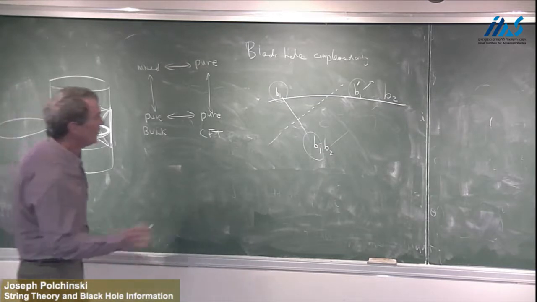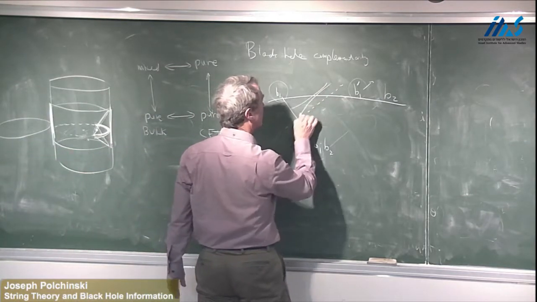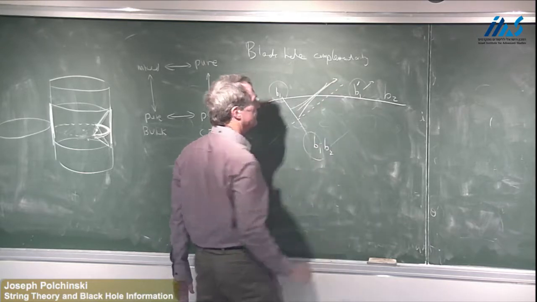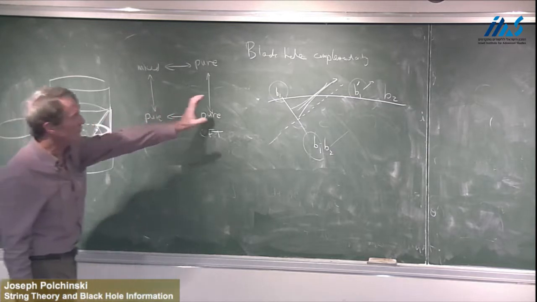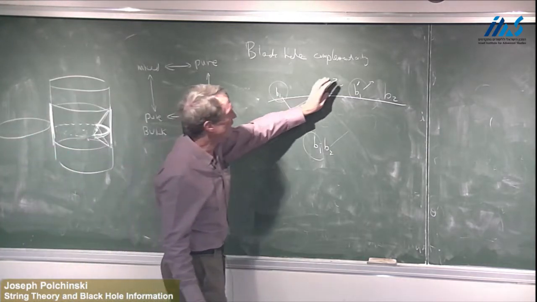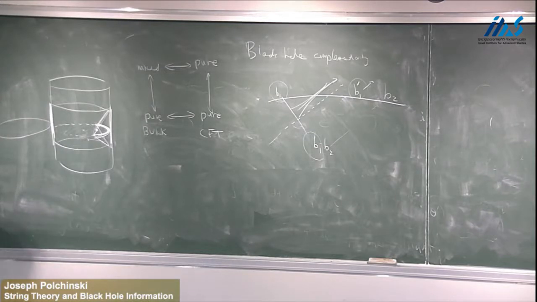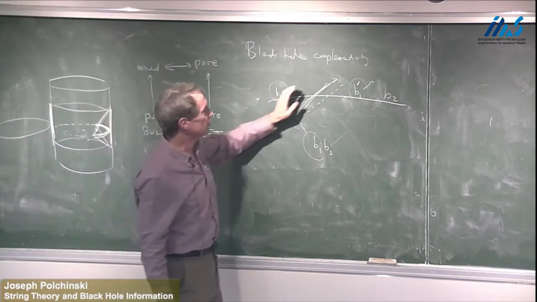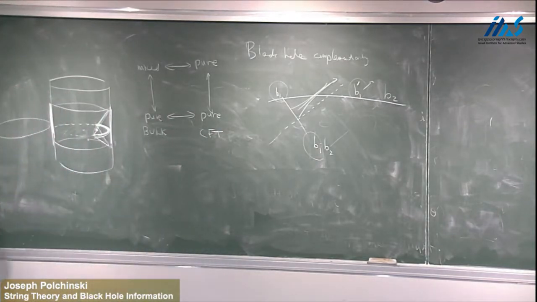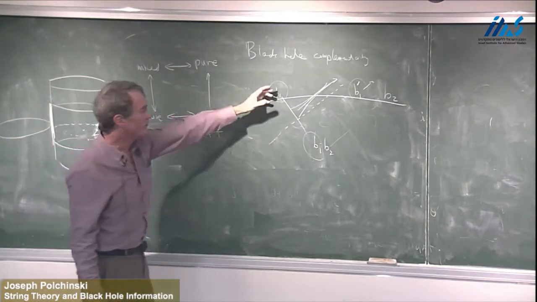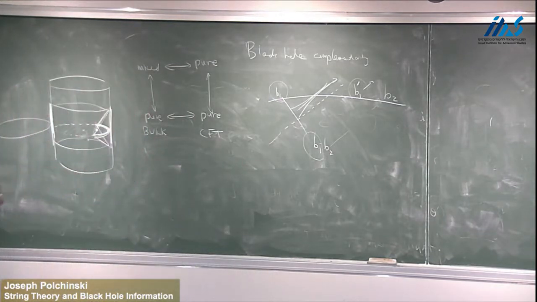In fact, you can imagine an observer waiting inside who measures B1 and sends a signal, the best case. There's a simple bit of analysis. Any signal they send will be redshifted. This is the basic redshifting of the horizon, and so its frequency falls exponentially. In order to send a meaningful signal, you would need to start with very high energy, and because it's exponential, you only really have a logarithmic time.